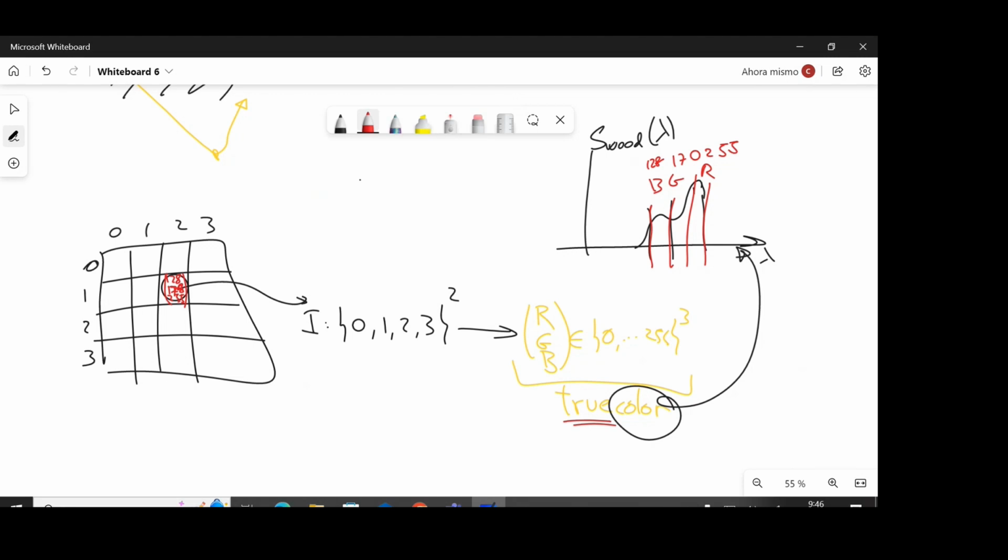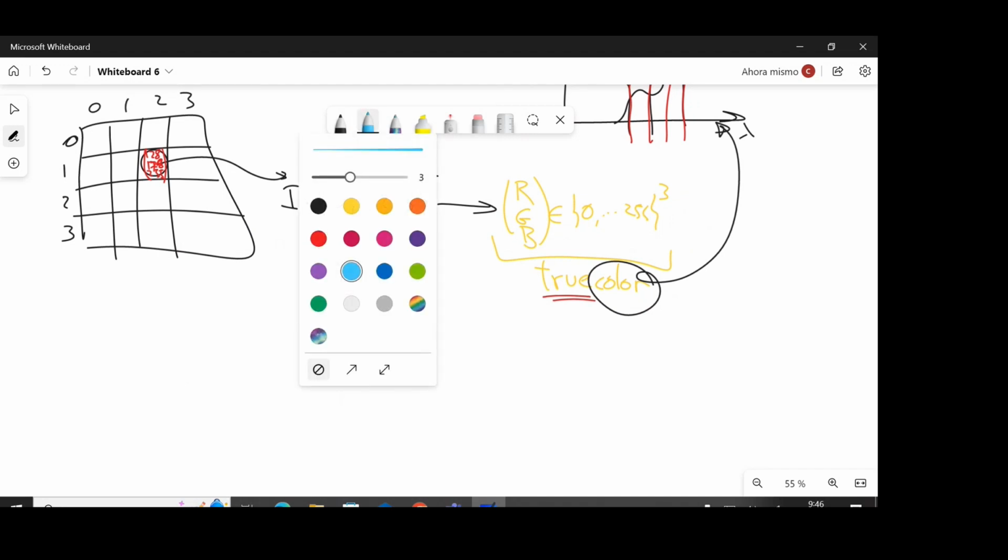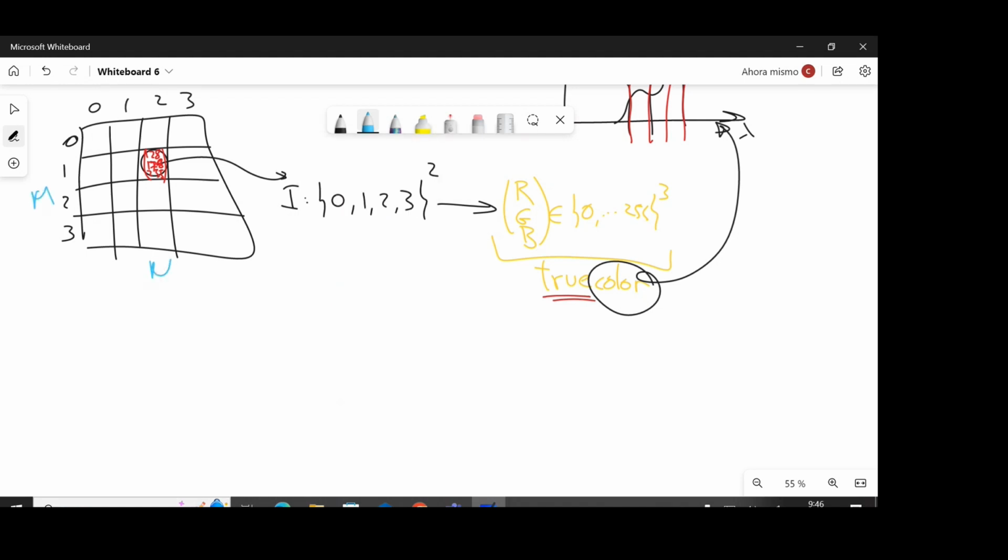But this is very inconvenient to represent. So how many numbers? Let's say you have an image that has n by n pixels. How many numbers do I need to represent this image in the computer?